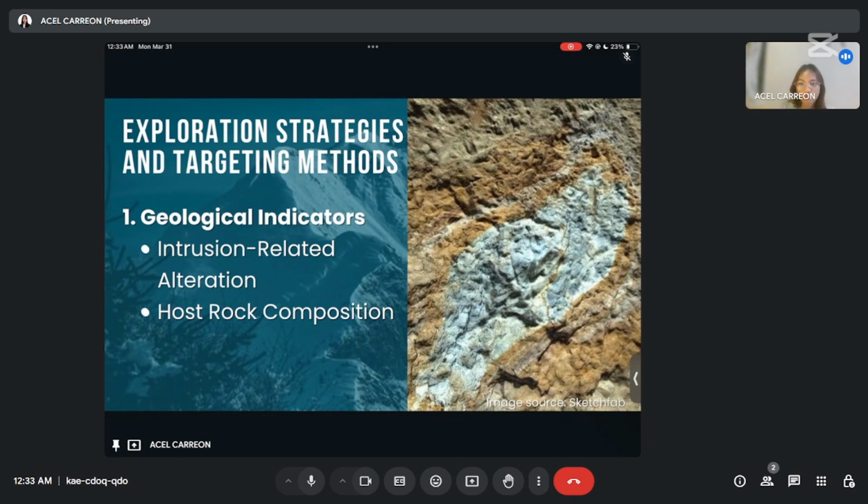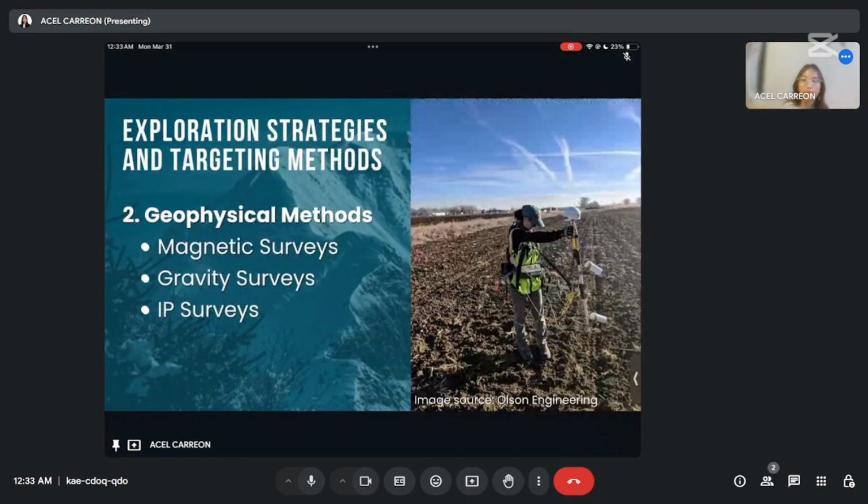We can also use geophysical methods like magnetic surveys, gravity surveys, and IP surveys, where magnetic surveys can detect magnetite-rich skarns and tactites. The gravity surveys can identify dense ore-bearing zones, and the IP surveys are effective for sulfide-rich greisen and porphyry-related deposits.